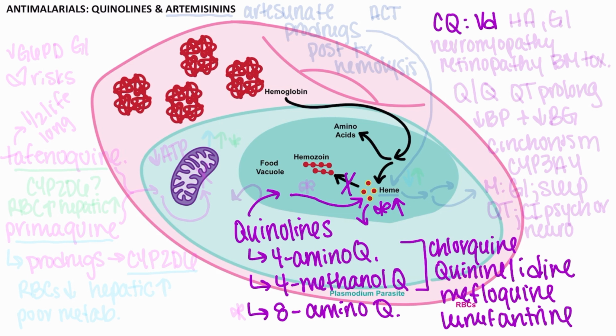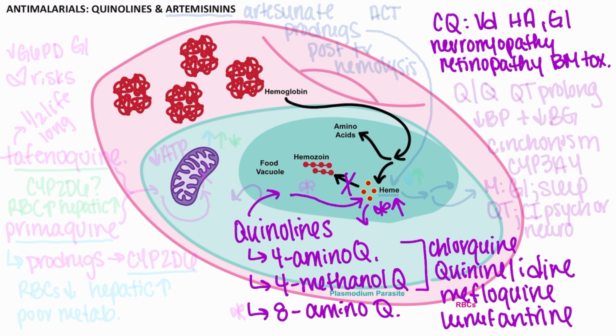The side effects of chloroquine are typically going to be headaches, GI distress, and pruritus. But this can also go on to include things like neuromyopathy, retinopathy, and bone marrow toxicity. But these are rare.